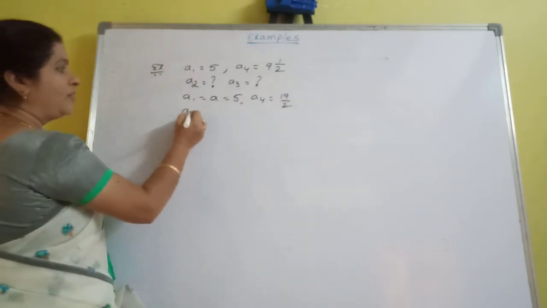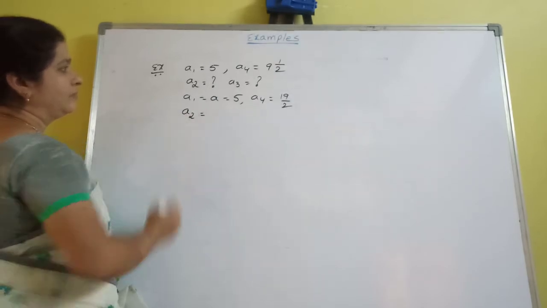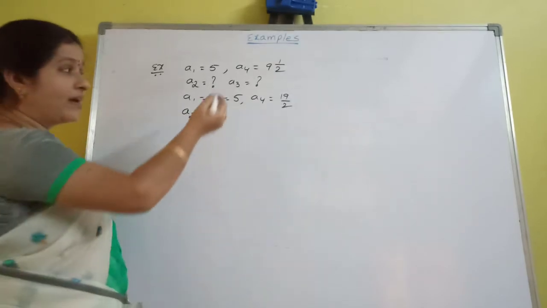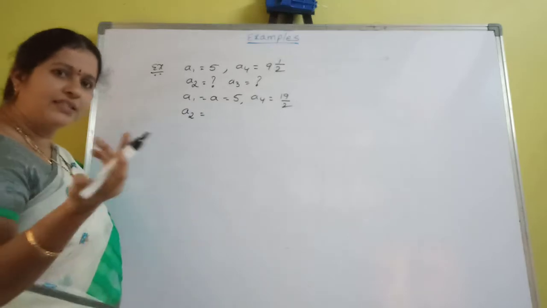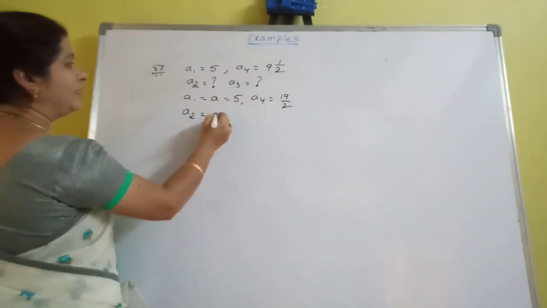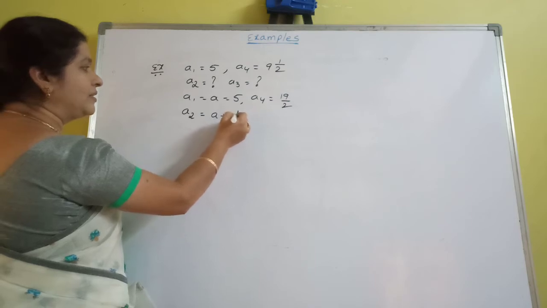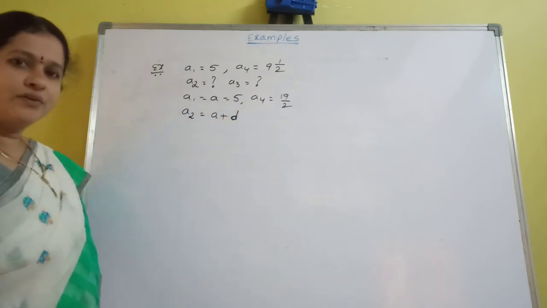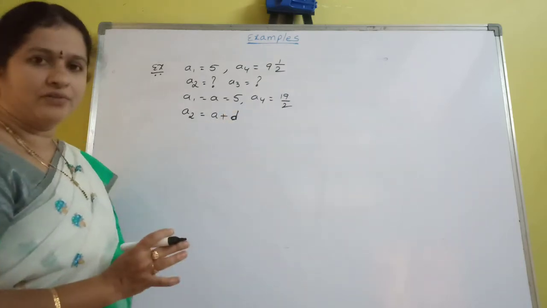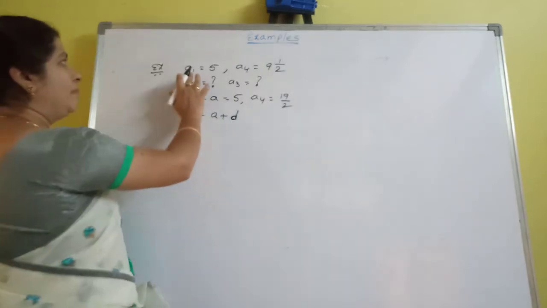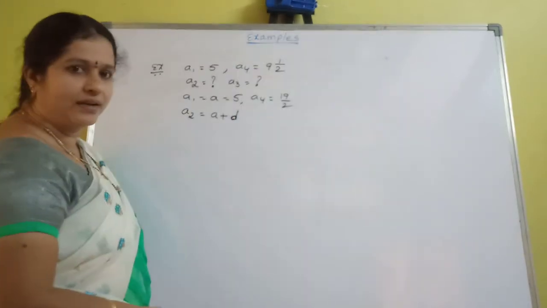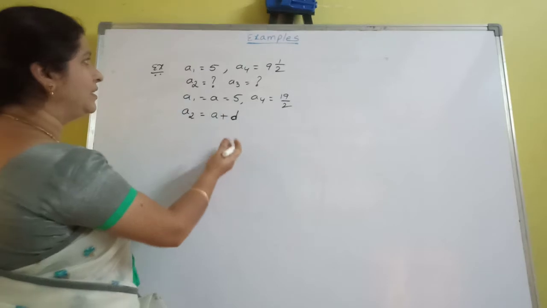What is the formula for A2? Is D value given or not here? D is not given. A2 formula is a plus d. So D value is very important to calculate all the values, but here D value is not given. So how can we solve this?